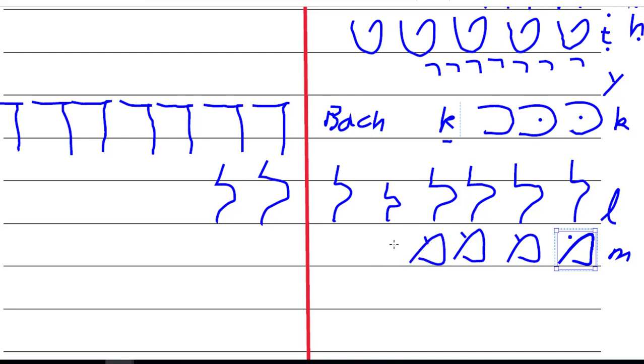Not much, but a little bit. So that's the Mem. The Mem has a final form as well. When it's final, it looks like a little box with a little overhang there.